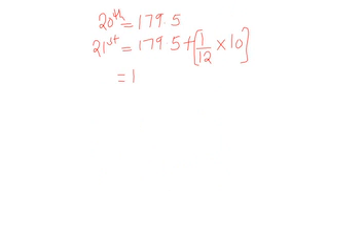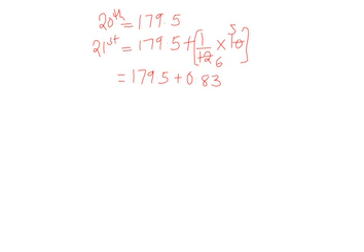This will be equal to 179.5 plus 1 over 12 multiplied by 10. Dividing by 2, we have 6, and 5, so 5 divided by 6 is 0.83.